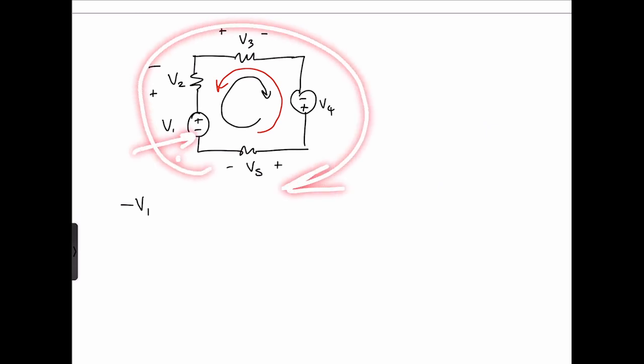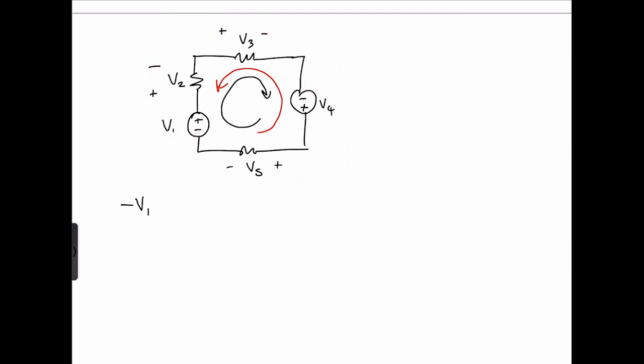Here we encounter a minus sign, a plus sign, a minus sign. So a minus V1, a positive V2, positive V3, a minus V4, a positive V5, and that should equal 0.